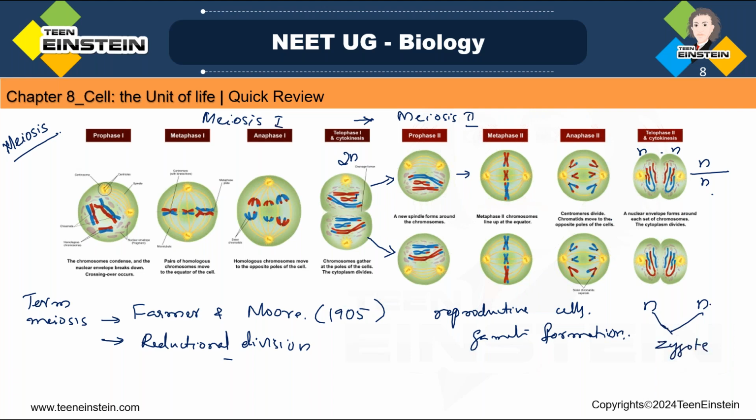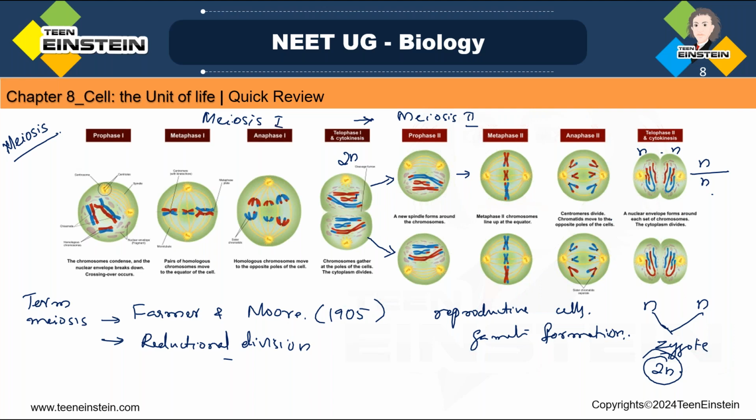This zygote will have n plus n, 2n chromosomes. Again the chromosome number is getting restored, as in the same individual. So that is involved in the process of sexual reproduction. And during reproduction, in the formation of the zygote, the chromosome number is restored.